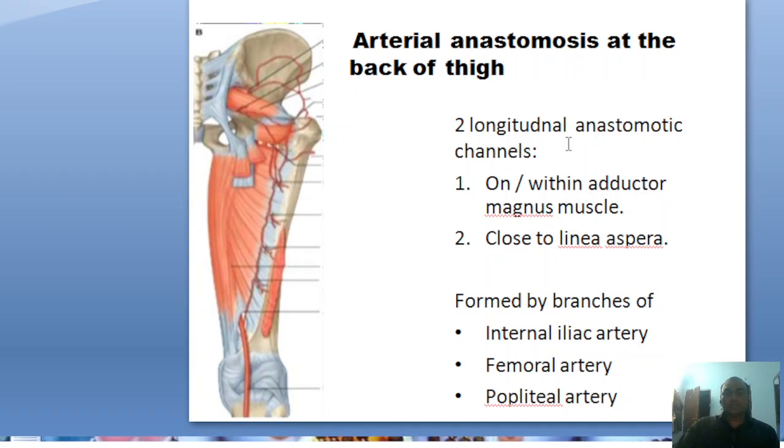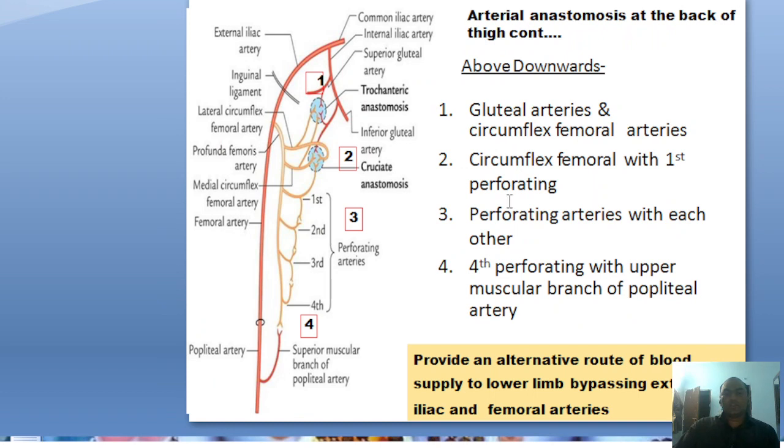In the back of the thigh, arterial anastomoses are present. Two longitudinal anastomotic channels lie within the adductor magnus muscle close to the linea aspera, formed by the internal iliac artery, femoral artery, and popliteal artery. In total, four anastomoses are present around the back of the thigh.